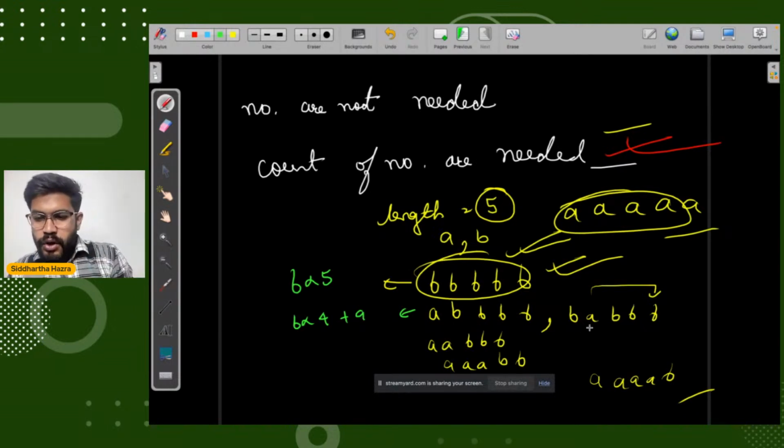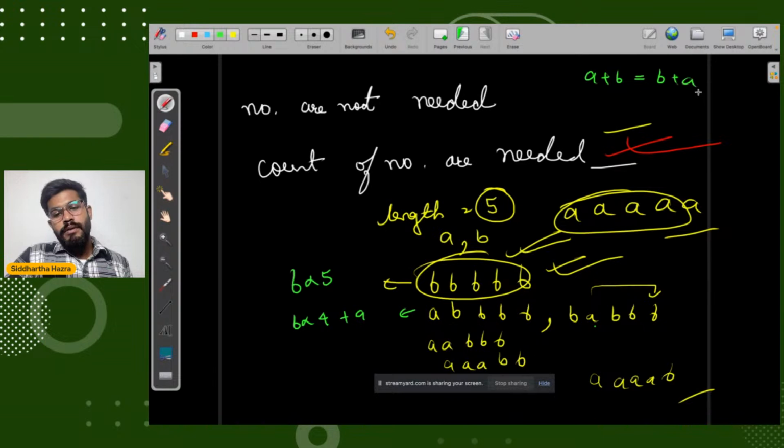The position of a doesn't affect us, even if a is before or after, because addition is associative. a plus b is equal to b plus a. So if it is a plus b plus b plus b, the sum of the digits is the same, so both would be equal.